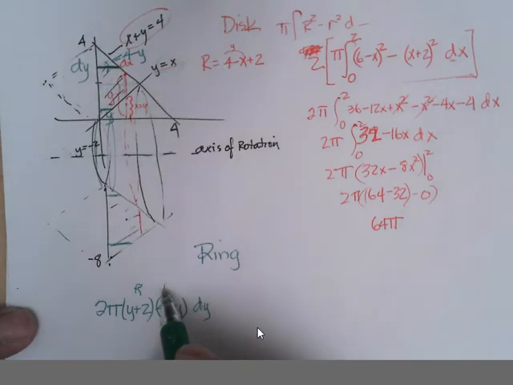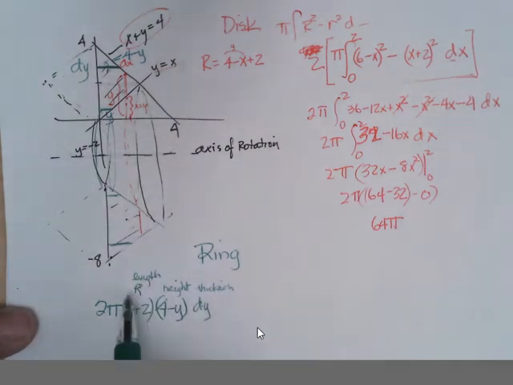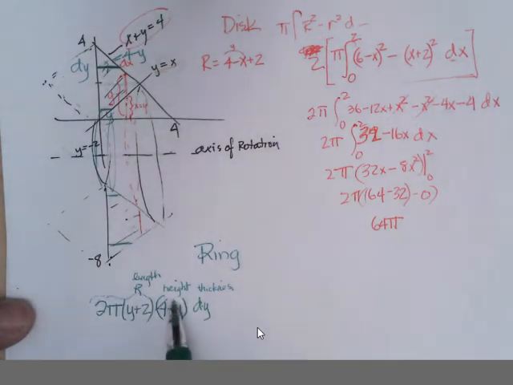This is the height. This is the thickness. Which is how you find the volume of a box: the length times the height times the width.